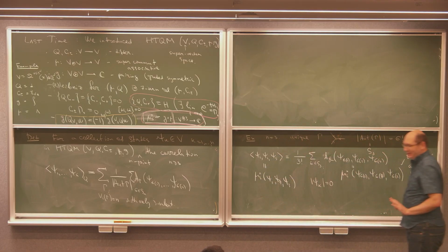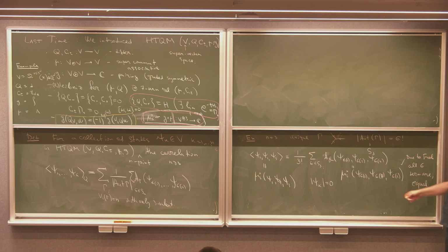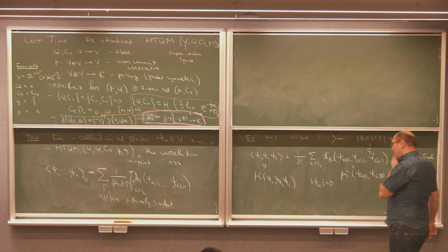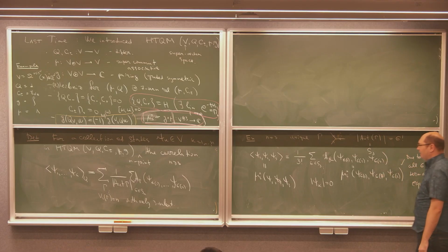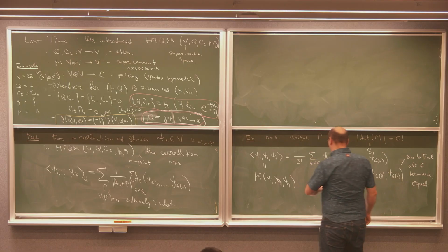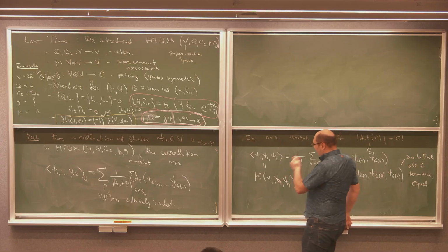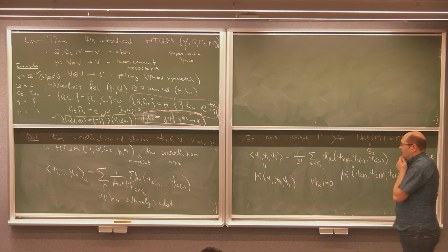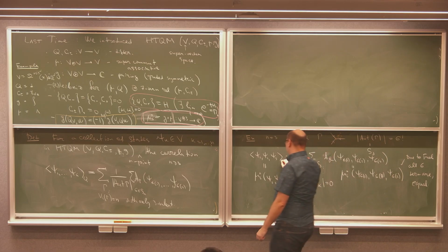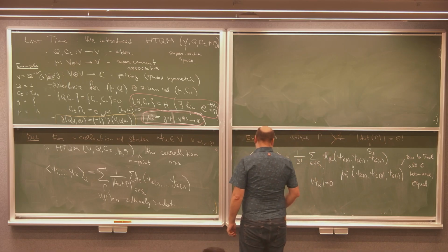All these are even states. So there is no extra sign when we compute them. Yes, I think it's a good point. If they had different parities, then we wouldn't have this simplification. So assuming that all states are even, we have this nice simple formula for this 3-point correlation function.